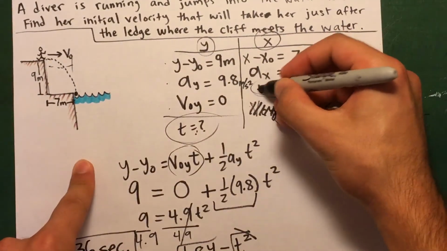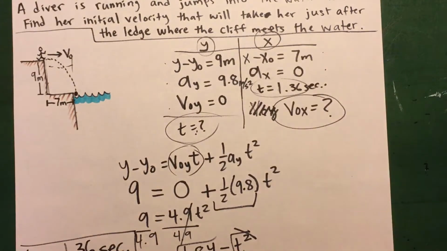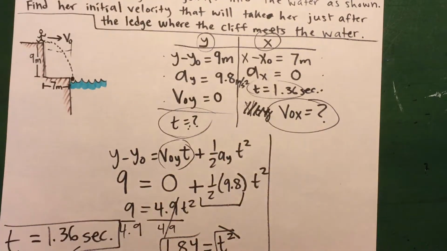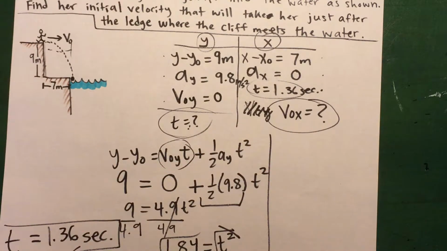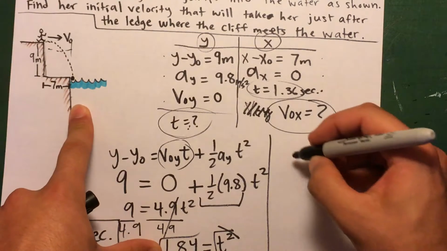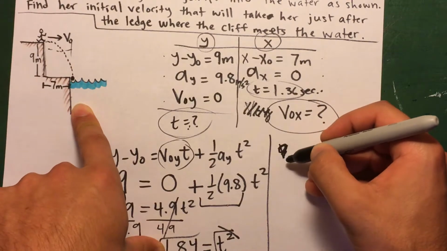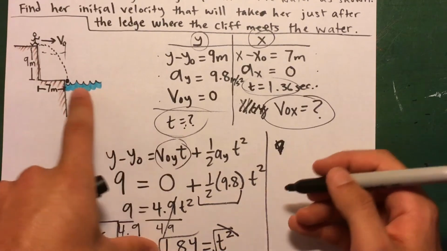Now finally we have three knowns in terms of x, so we can find v0x. The best kinematic equation is the same one that we used for y.